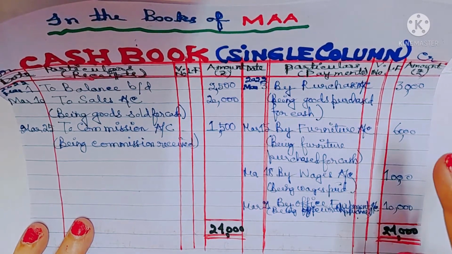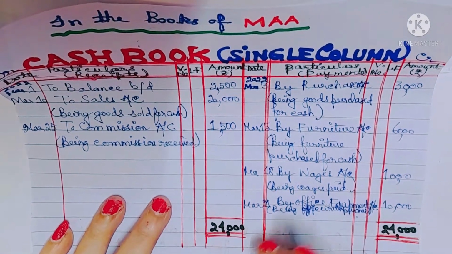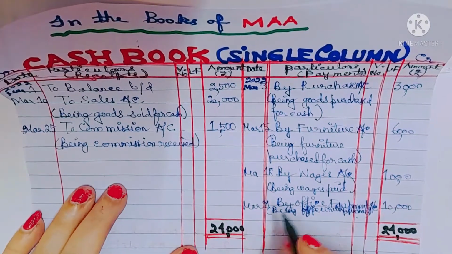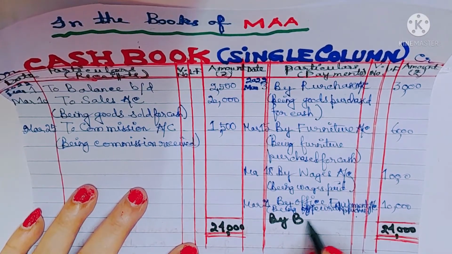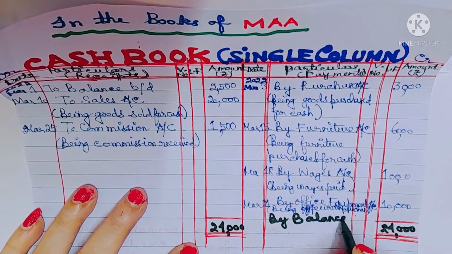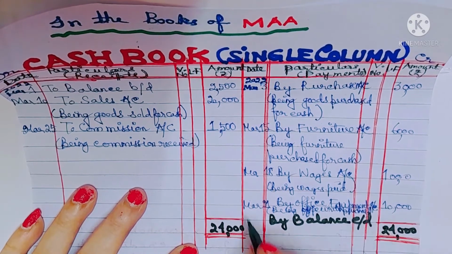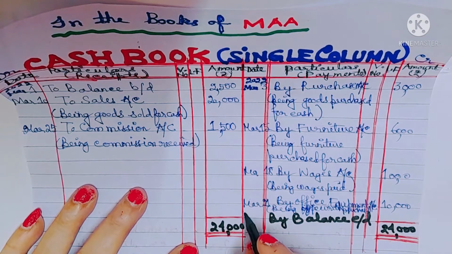There is a shortfall on the credit side, so we'll have to balance the credit side. So there will be a balancing figure by balance CD. By balance CD. What is the date? Last day in the month of March, 31st March.